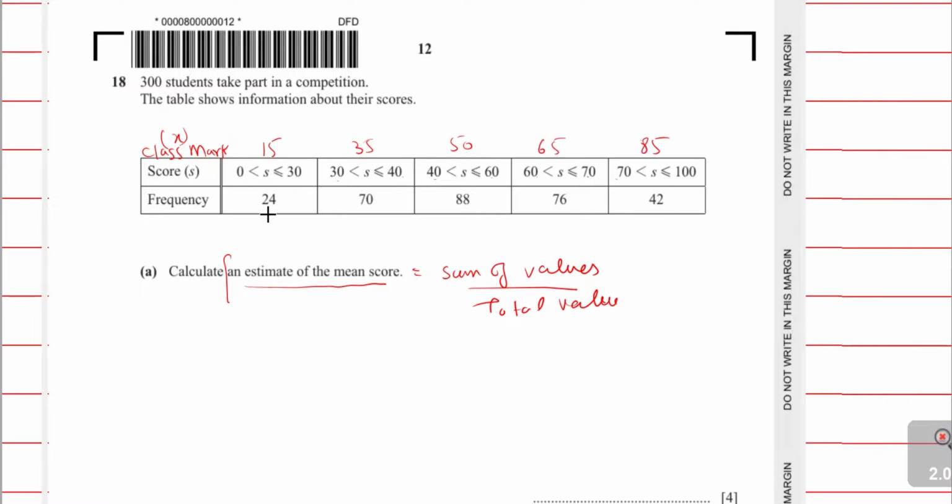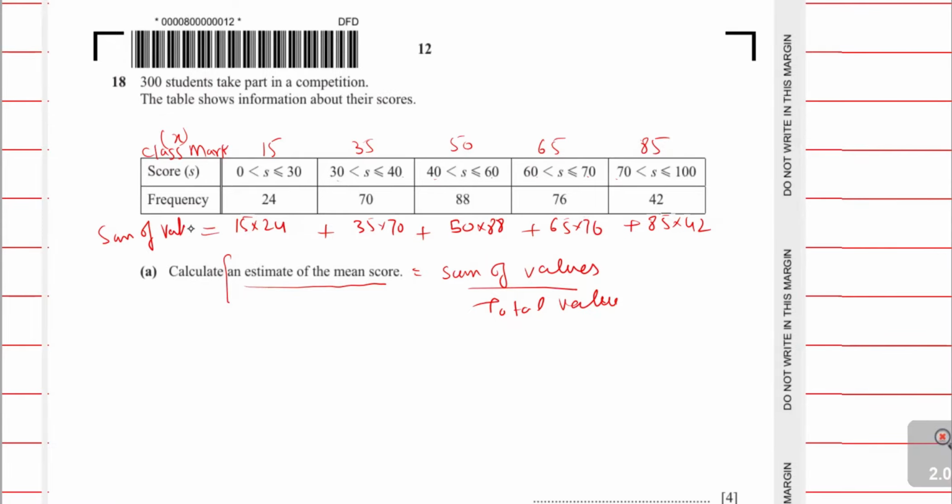We will multiply 15 into 24, and 35 into 70, and 50 into 88, and 65 into 76, and 85 into 42. We will add all these values, and we get the sum of values.